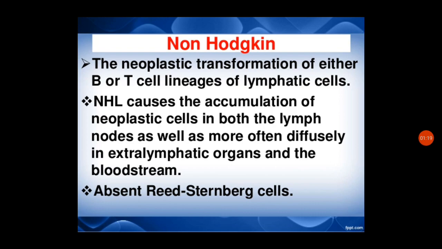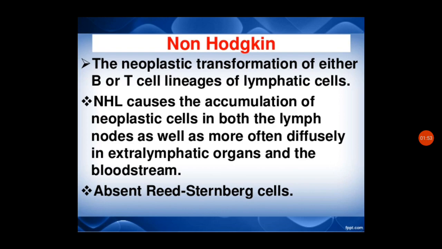Hodgkin's disease is primarily seen in lymphatic organs, and it slowly spreads to extra lymphatic organs. But when you're talking about non-Hodgkin's disease, it may be seen at the time of diagnosis itself. During the diagnosis, you can see abnormal cells in extra lymphatic organs, or masses can be felt in different areas along with lymph nodes.